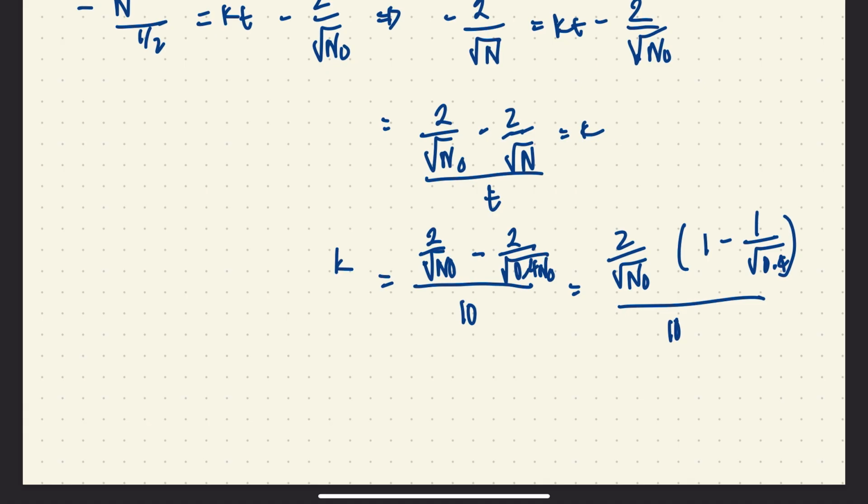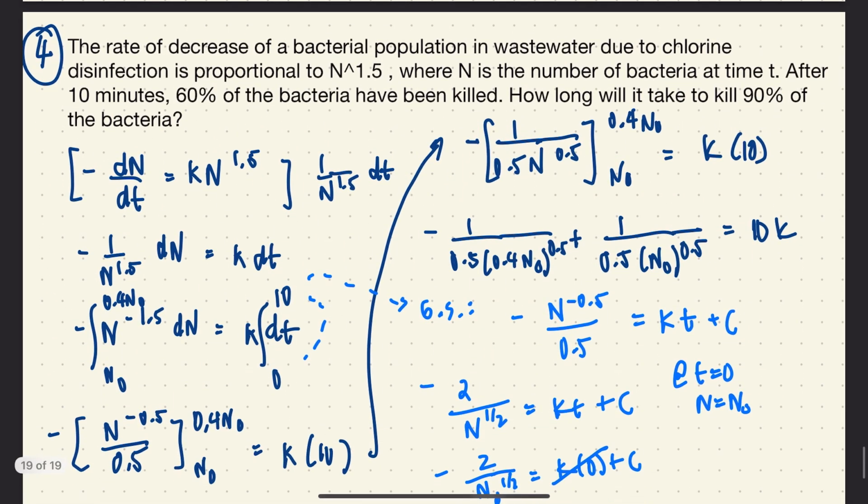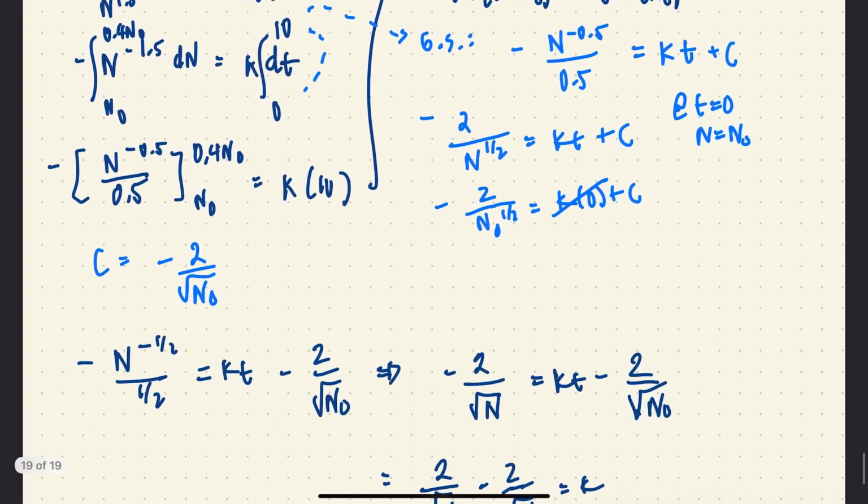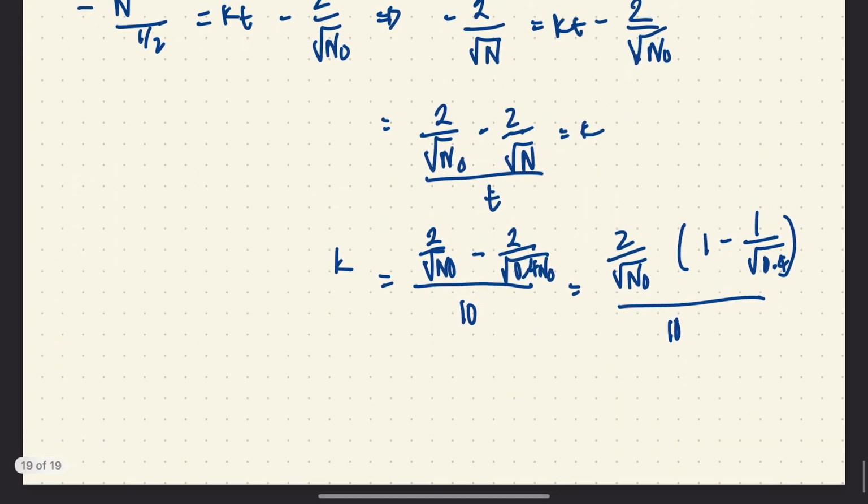Since we don't have n0 and k, we can use the second condition: we'll now look for the time t where it will have 90% killed. So definitely there will be 10% remaining.